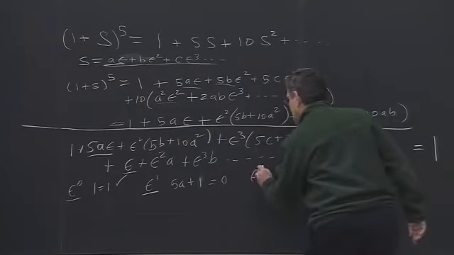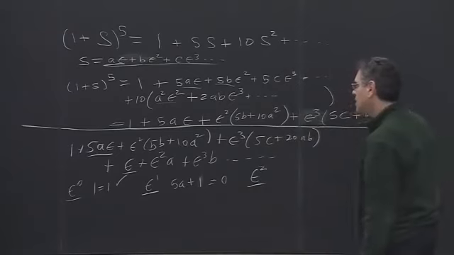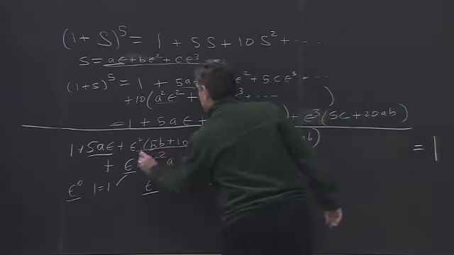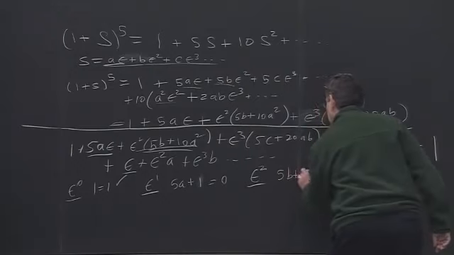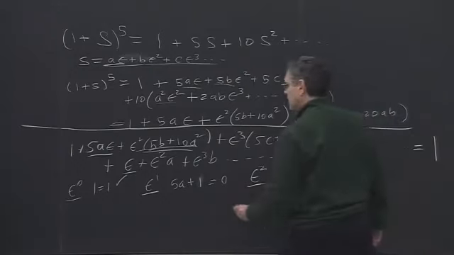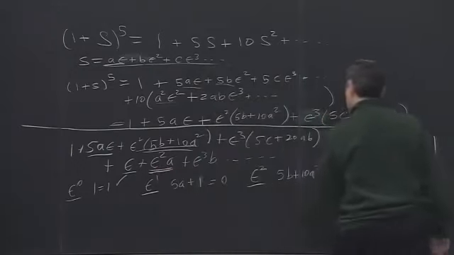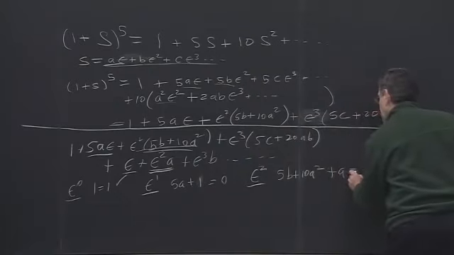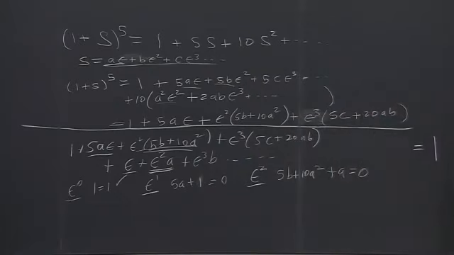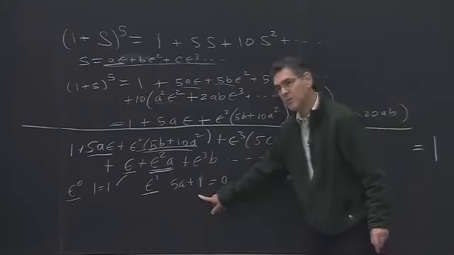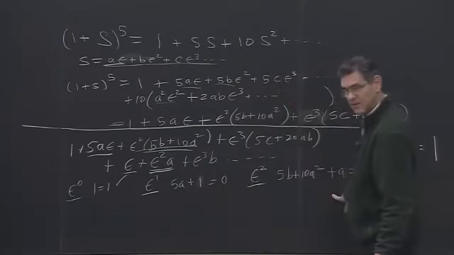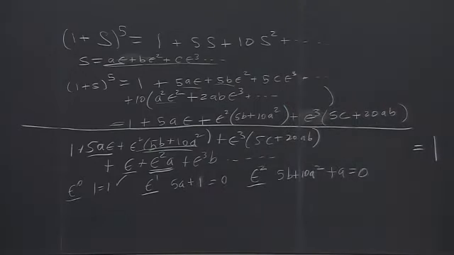What about the coefficient of epsilon squared? Here's an epsilon squared. So that says 5b plus 10a squared, okay? And here's an epsilon squared plus a is equal to 0. Now this problem is a little bit messier than this problem, but you have to agree that this is in the category of trivial, okay?